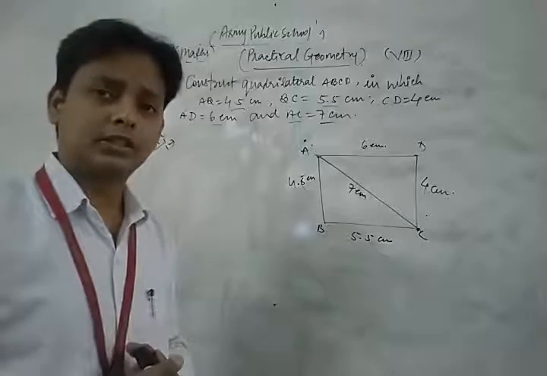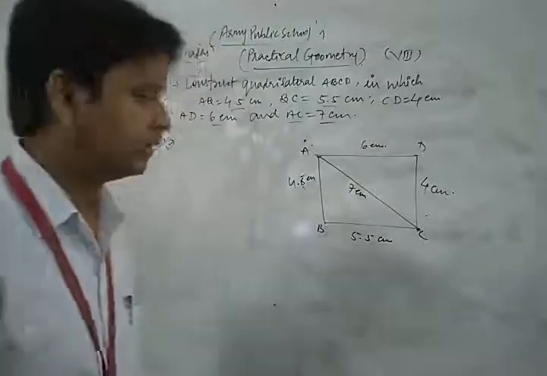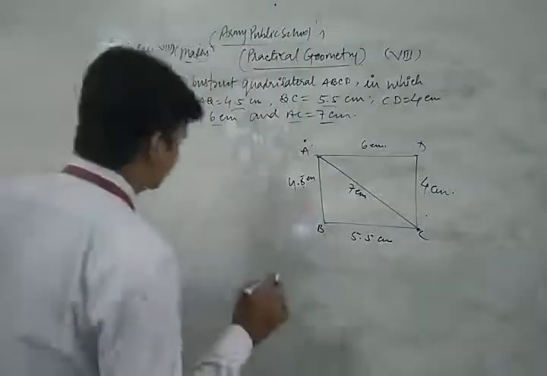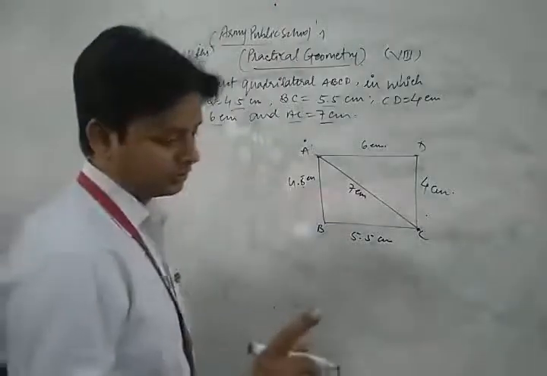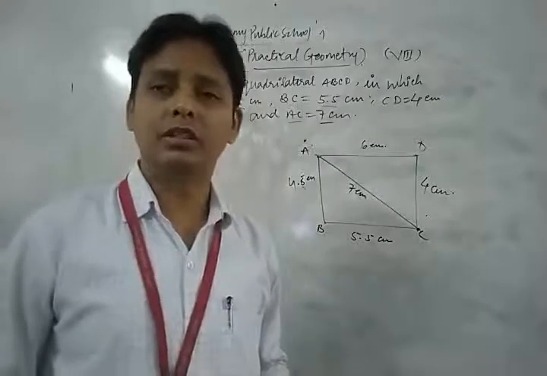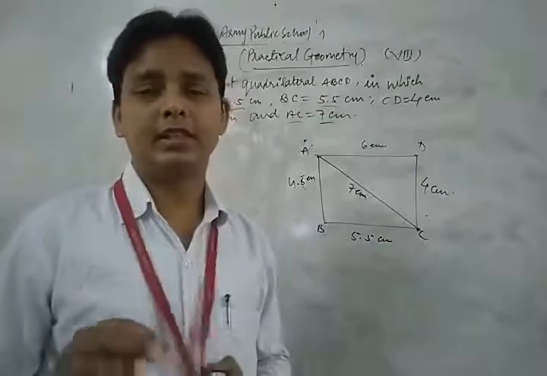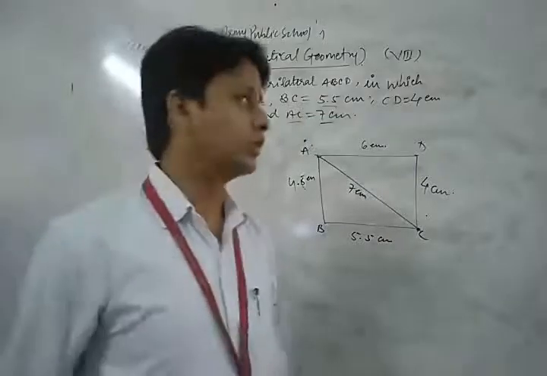Now we construct it in a very systematic manner. Dear students, in construction, please write your steps of construction. Without the steps of construction, your answer is incomplete. Now let's see.